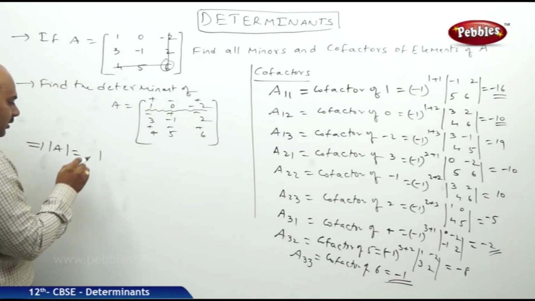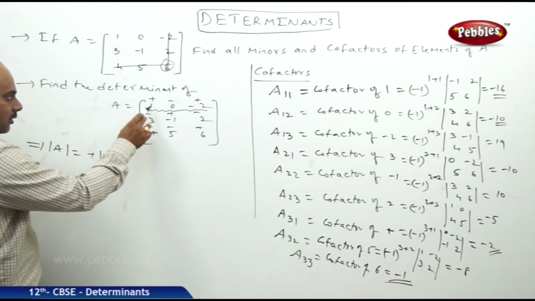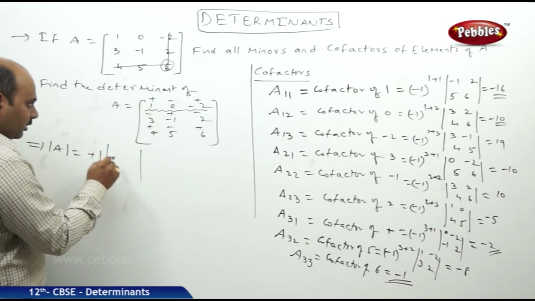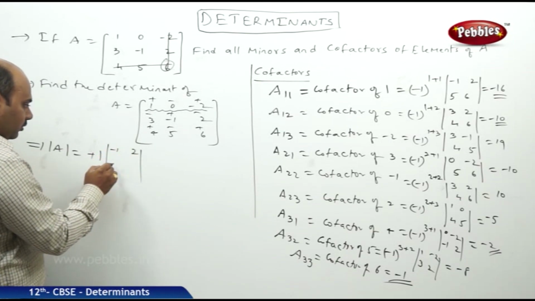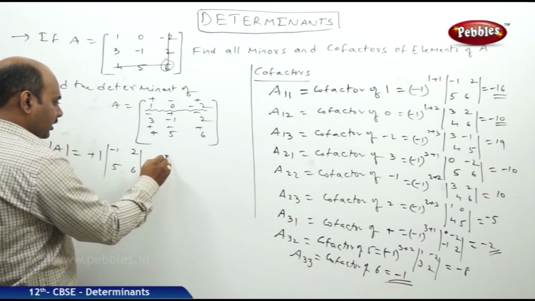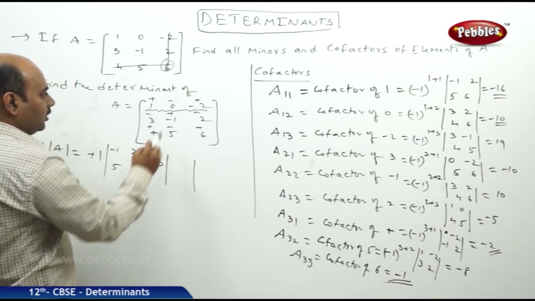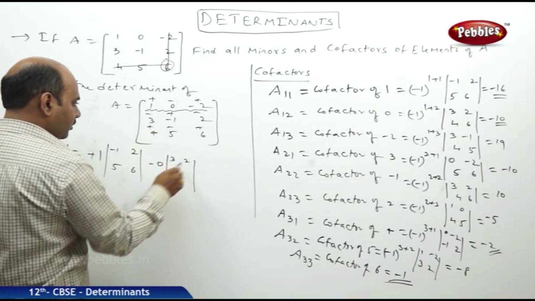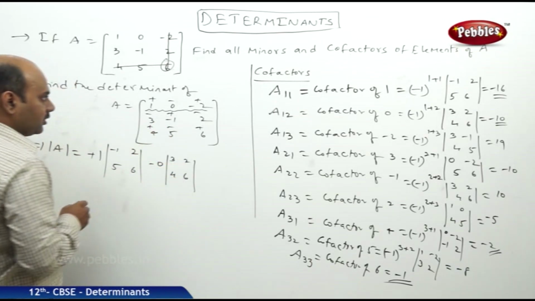So here 1 will be there. Above 1 there is a sign plus, so plus 1 into its minor. So what happens? Minus 1, 2, 5, 6. Later 0. Here minus sign into its minor. Into its minor means what happens here? 3, 2, 4, 6.